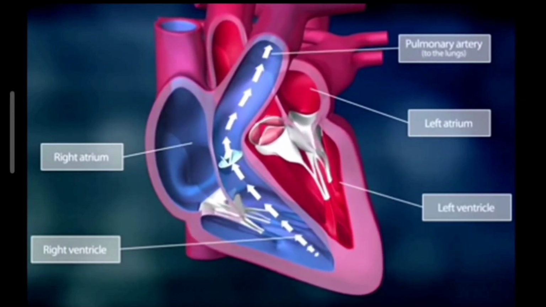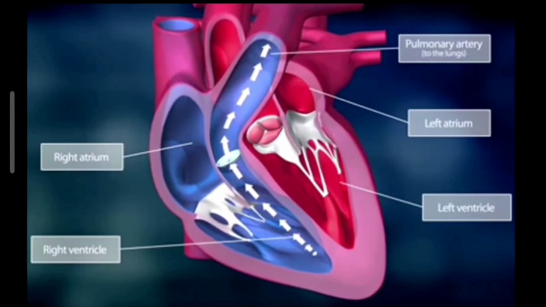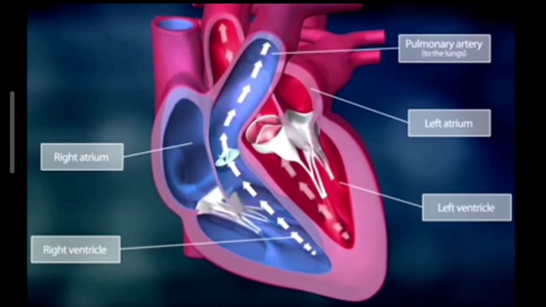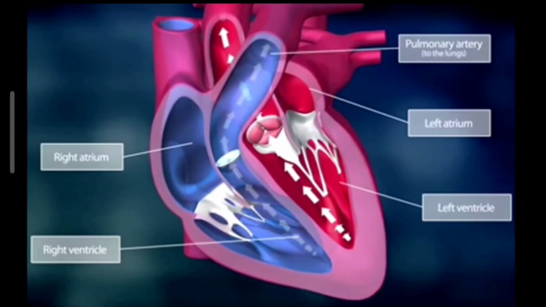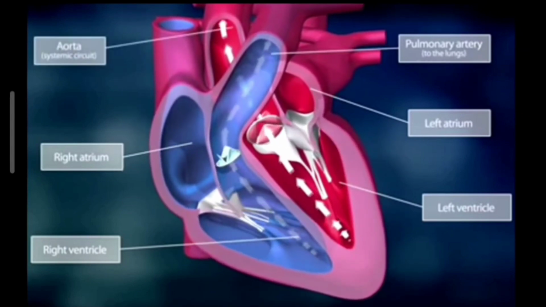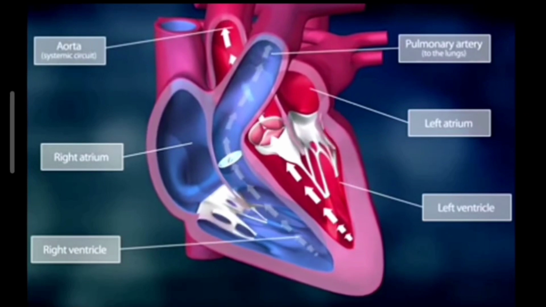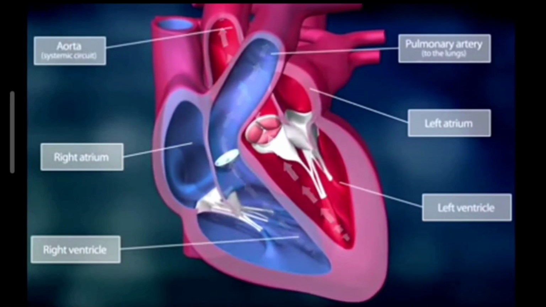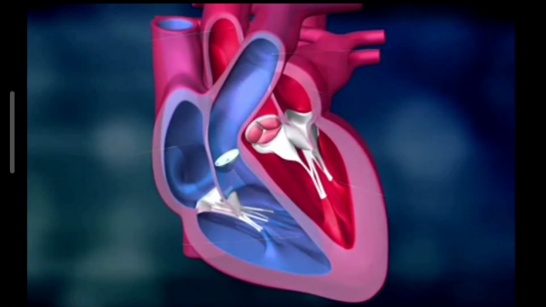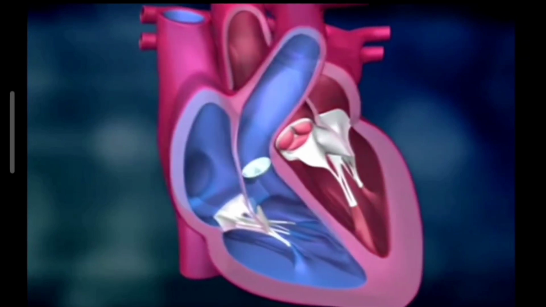When it is closed, the blood passes through either the aortic valve or the pulmonary valve. Okay, so that is it. And there it is synchronizing the contraction of the ventricular muscle.